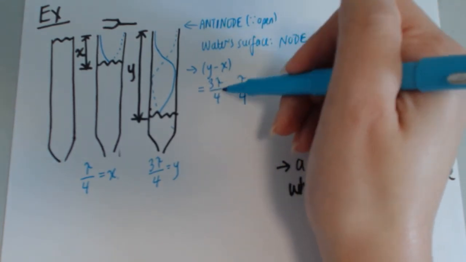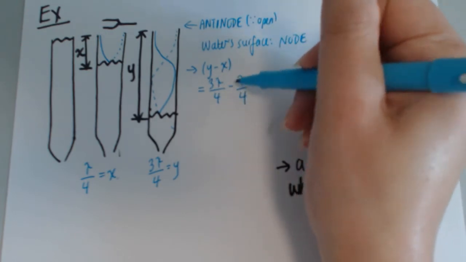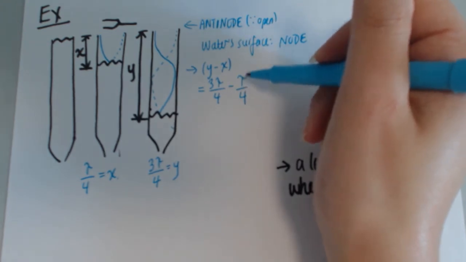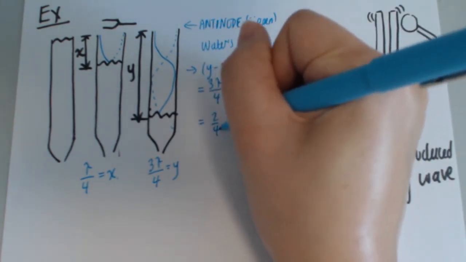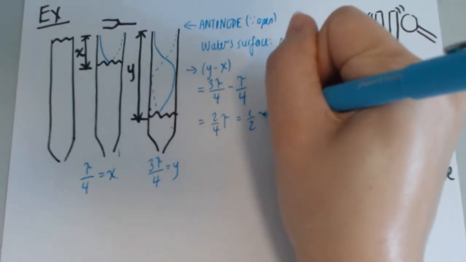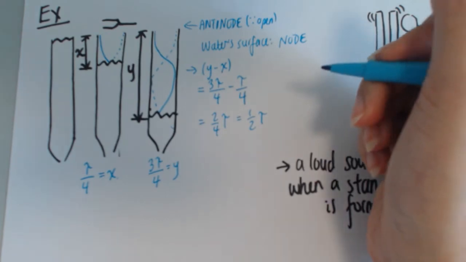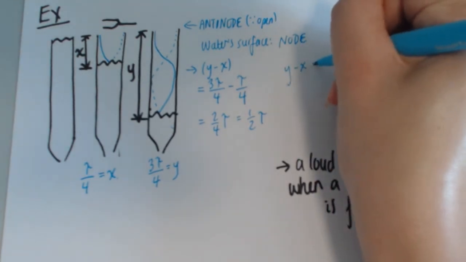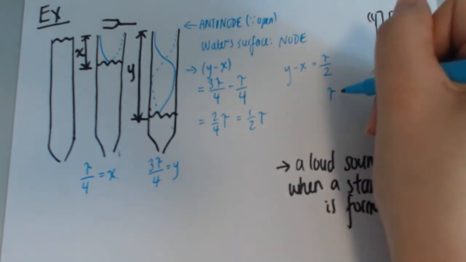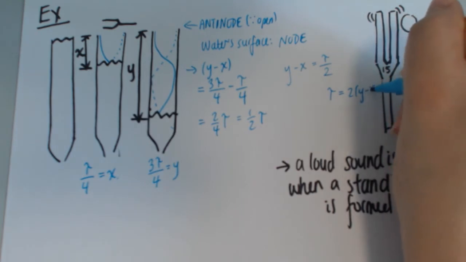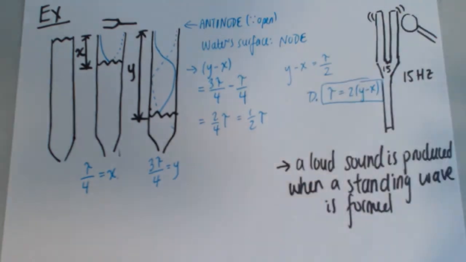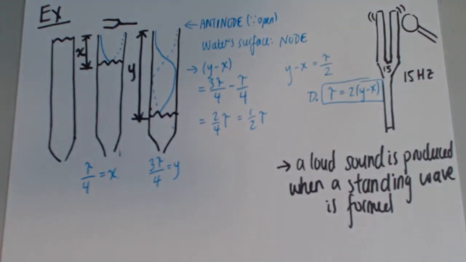I have 3/4 of something and I'm subtracting a quarter of that same something. 3/4 minus 1/4 is 2/4, so 2/4 of lambda, which breaks down to 1/2 lambda. So y minus x is equal to lambda over 2. Then rearranging for lambda, lambda is equal to 2 times y minus x. And that is answer D. So therefore D is the correct answer.